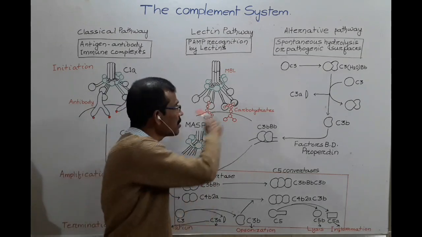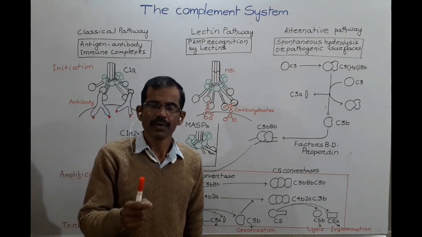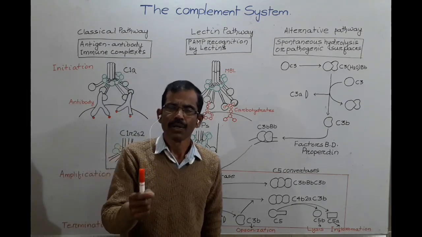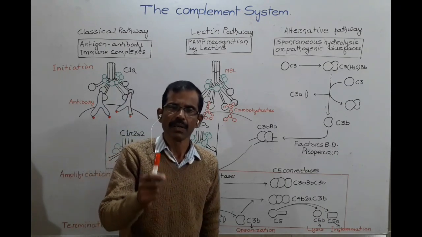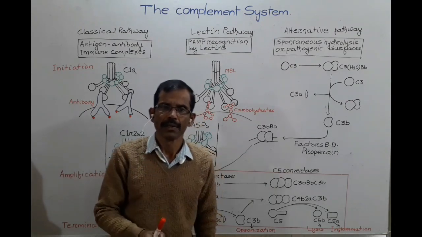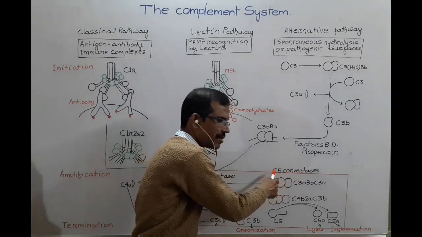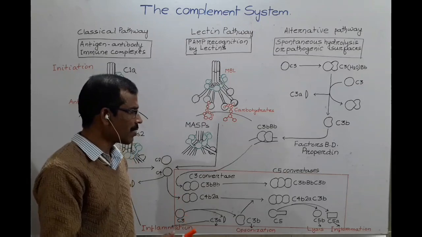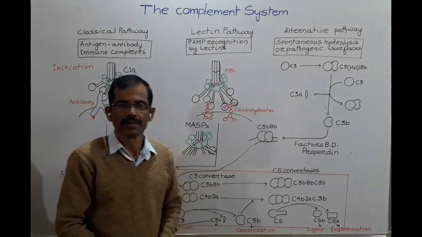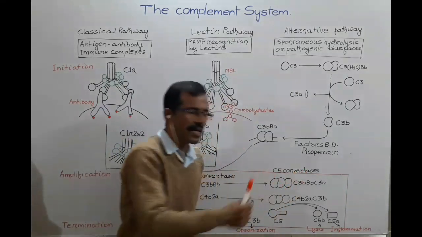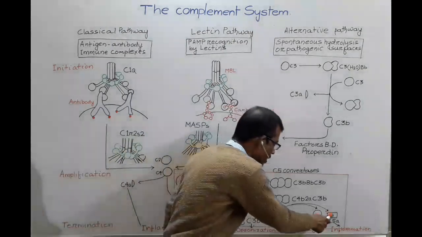However, in all these pathways the end result is the same, that is, there is a dramatic increase in the concentration of C3b molecules. C3b is a centrally located multifunctional complement protein. The second set of convertase enzymes is C5 convertase, which is formed by the addition of C3b component to the C3 convertase. C5 convertase cleaves C5 molecules into two fragments, C5a and C5b.